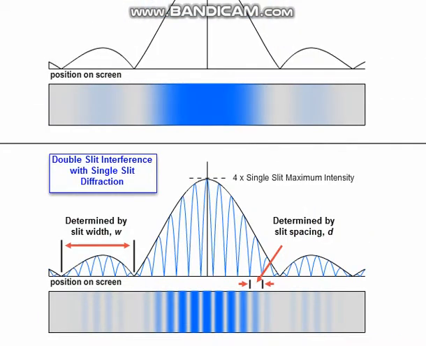This figure is the double slit interference with single slit diffraction. You can see the same figure here. First of all, the inner blue lines are the interference intensity, and that interference intensity is modified by the diffraction.